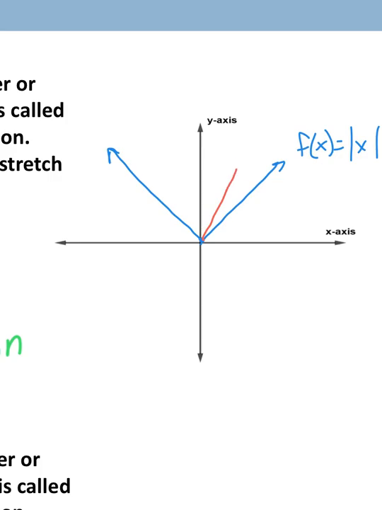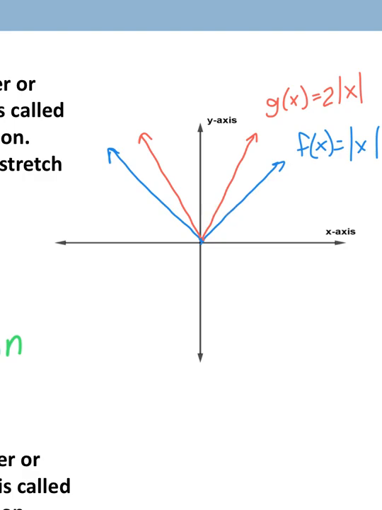Then I'm going to multiply that f of x by some kind of factor. So let's just say g of x equals 2 times our original f of x, or 2 times the absolute value of x. You can see here that for a given input, my output on the image is going to be much greater than the pre-image output.